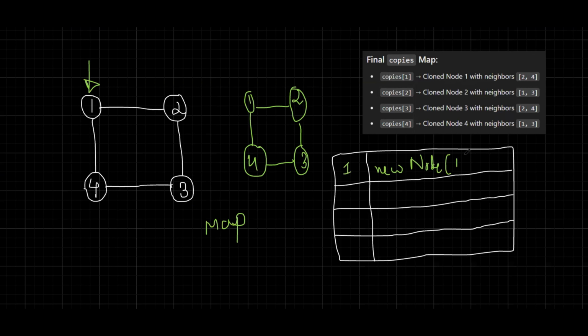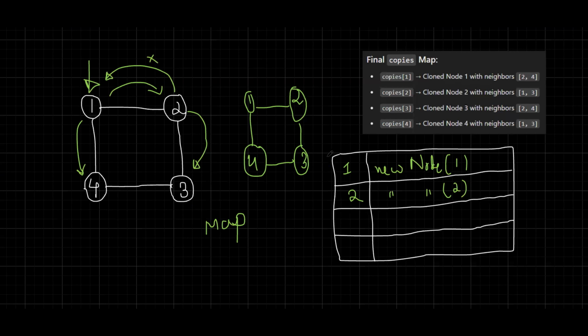In node 2, we have to check whether there is an entry present in the map or not. Initially, there is no entry for node 2. So we have to make an entry and add a new node named 2. Now from this 2, we have to move to node 3 and node 1 again. But node 1 is already present in the map, so we don't have to do anything, or we simply return this entry of node 1.